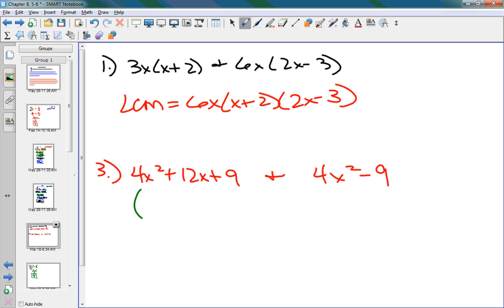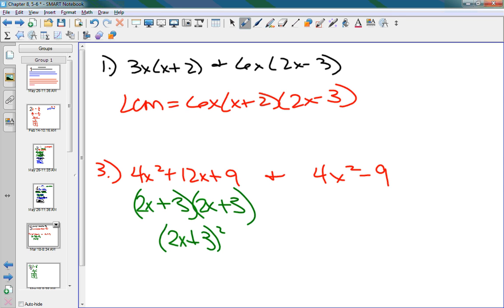So I need to factor this. That's going to be 2x and 2x, 3 and 3, plus and plus. So how many 2x plus 3's do I have here? I have 2. So if I'm doing my multiplication tables, can I give any less than 2x plus 3 squared? Do we all understand that?